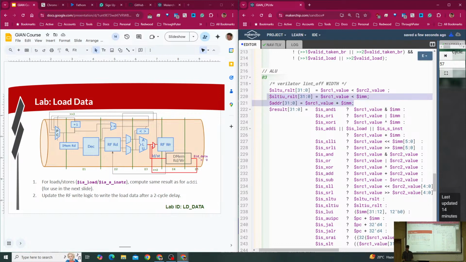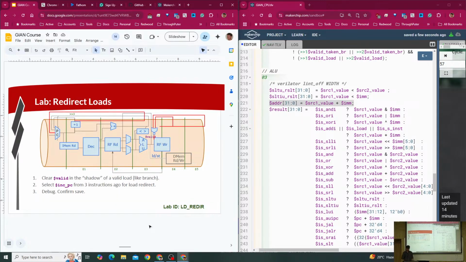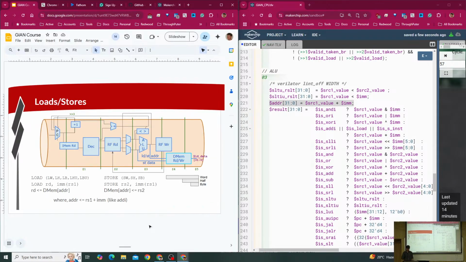That's the definition of the load or store instruction's address. So if we look here at the definition of load and store, this is the address, RS1 plus the immediate. So we could have a separate expression, source 1 value plus immediate is the address, and then we use this address to feed into the memory.